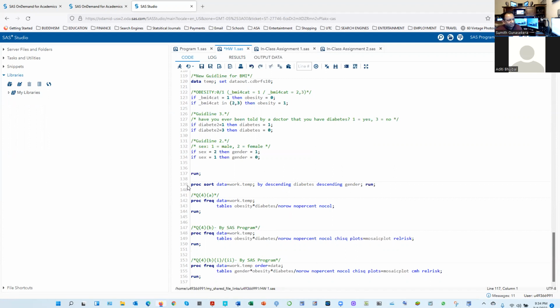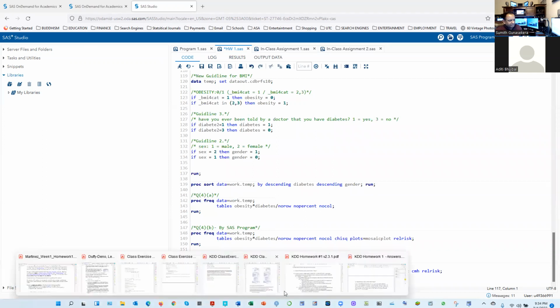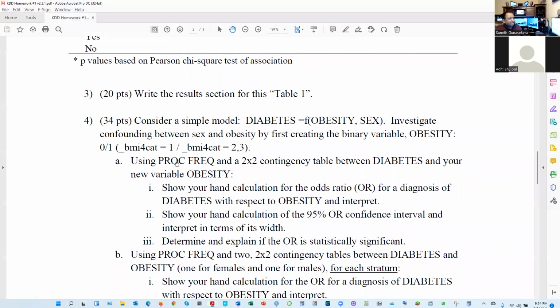If you want, you can sort this out too. Let's look at part A, what they were looking for. A 2x2 contingency table between diabetes and your new variable obesity.